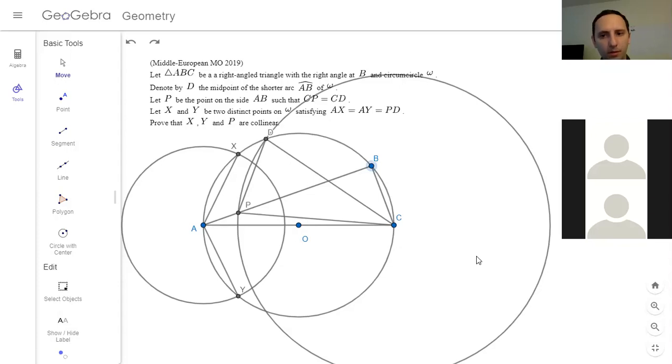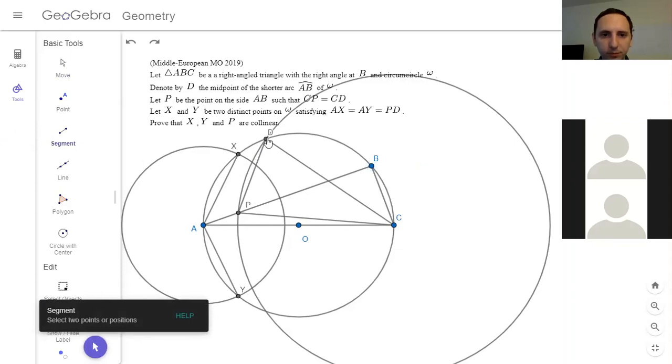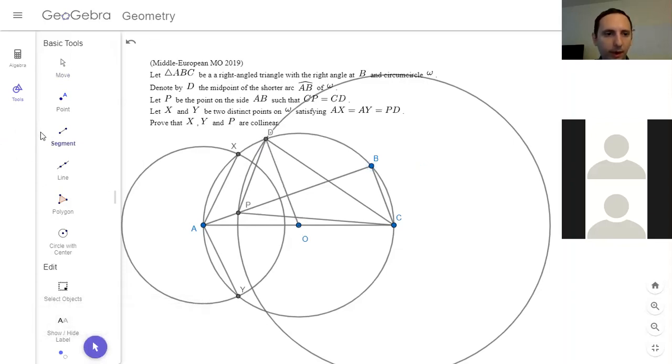There are not any degrees of freedom here, so sine law should be enough, I guess. Maybe drop a perpendicular from D to AB. I keep forgetting that D is the midpoint of arc AB, right? We have to use that. So if E is the midpoint of AB, that's the same as the perpendicular.